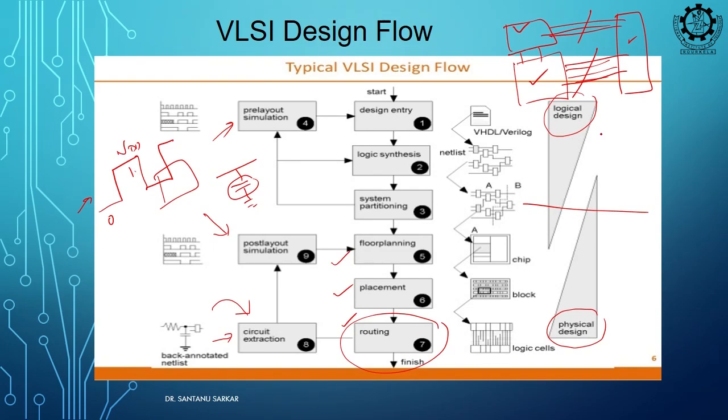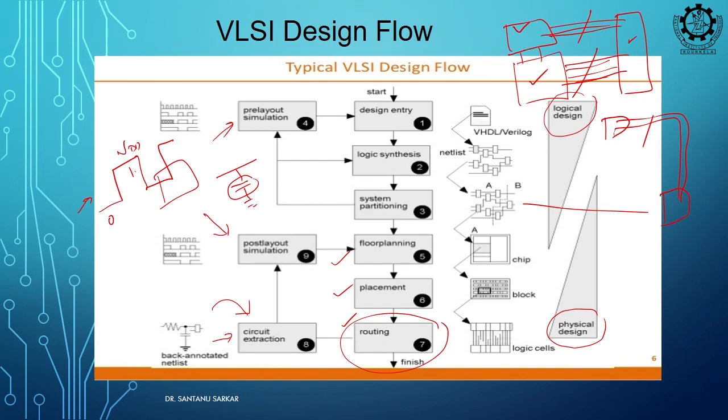Otherwise, what will happen? Suppose this block and this block have a lot of connections, but I am placing them far away. So, I am unnecessarily increasing my area overhead, power, delay, everything. Okay. So, this will all come in this planning.